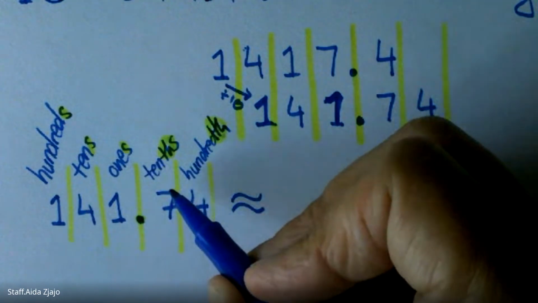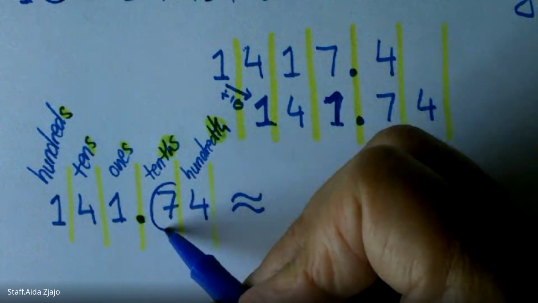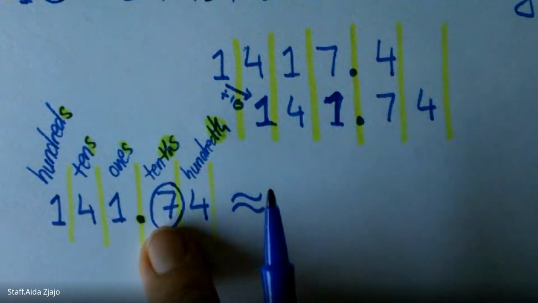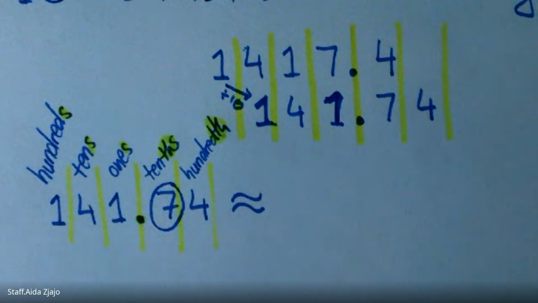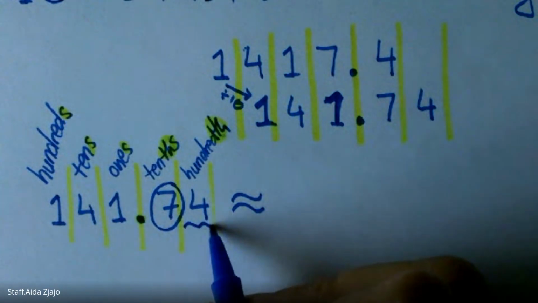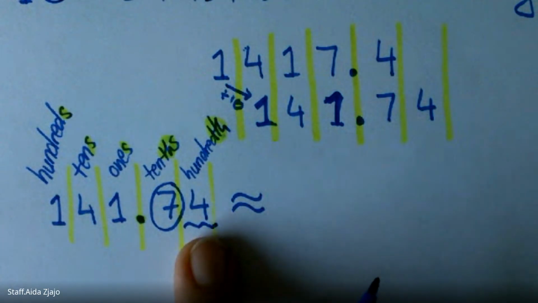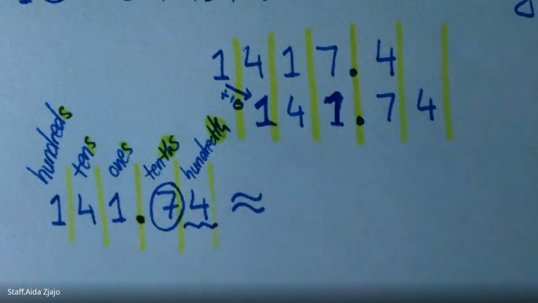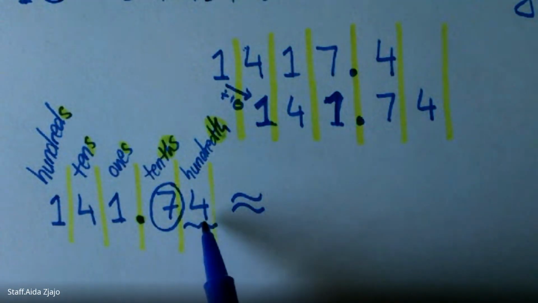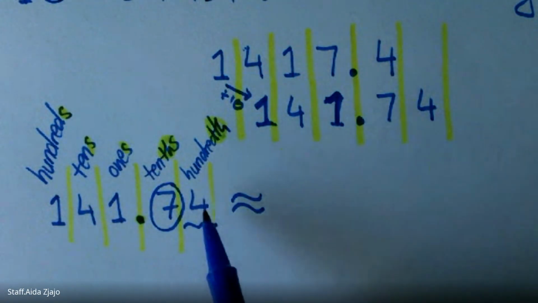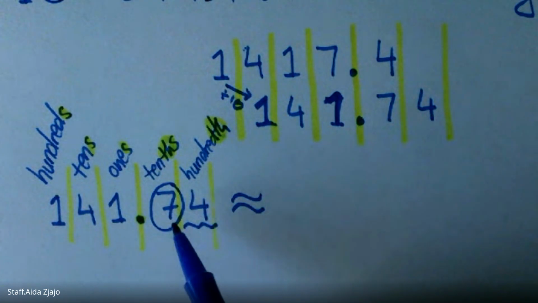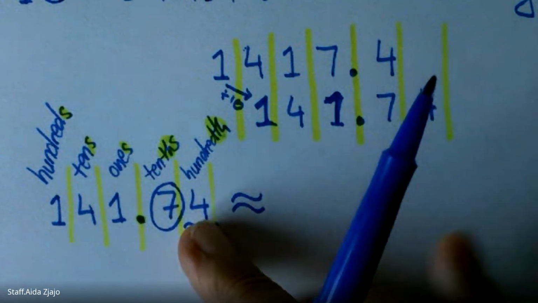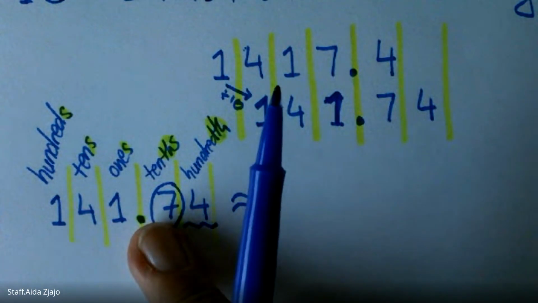So the nearest tenth is this. I have to round that number. It depends on how many hundredths I have. I need at least half of 10, 5 hundredths, in order to make a new tenth.